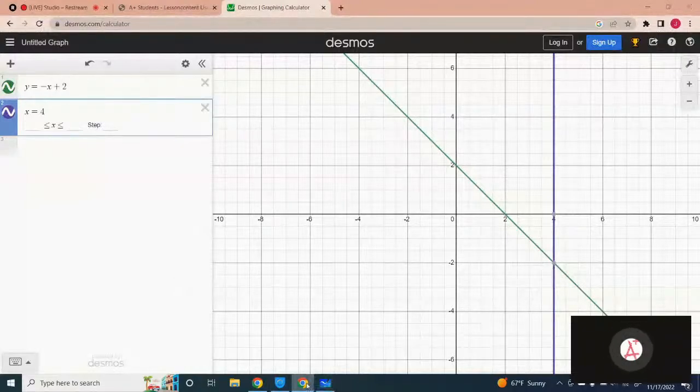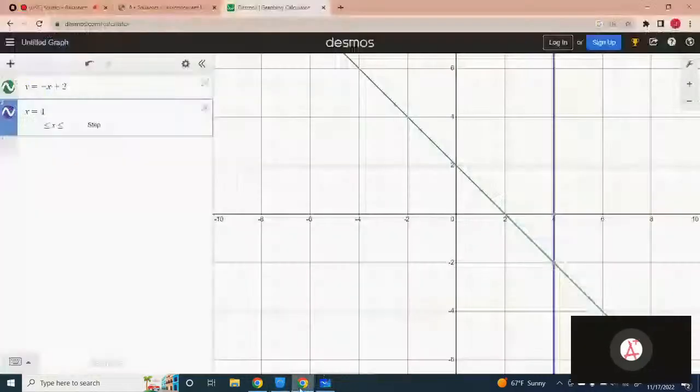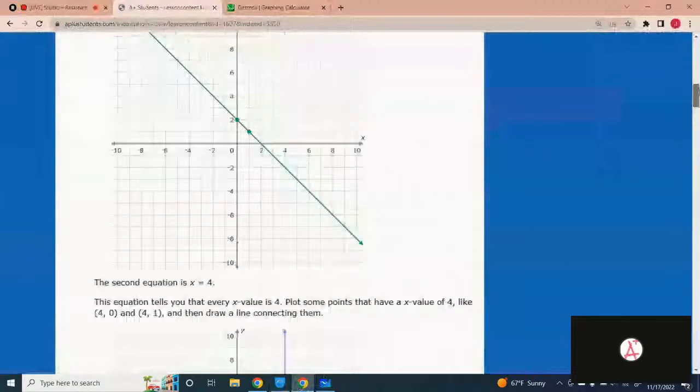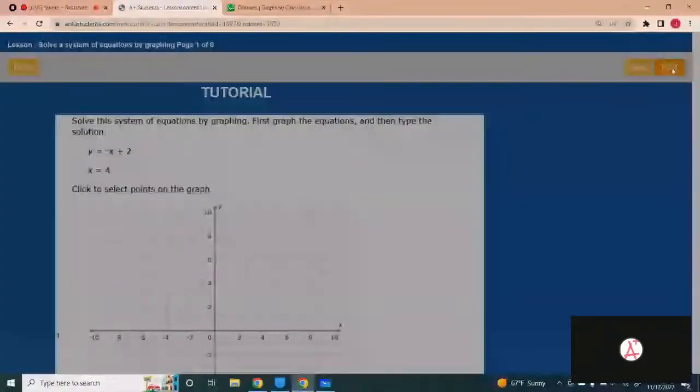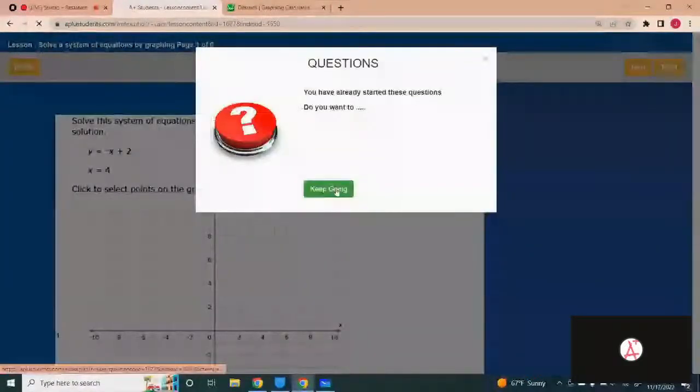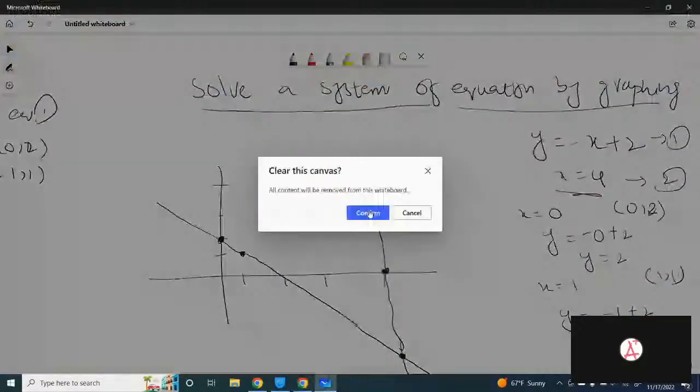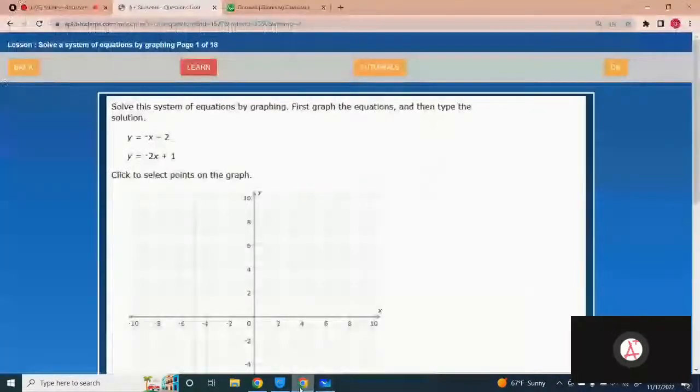Okay, let's just start with the test. Let's just do the practice questions. Okay, y equals negative x minus 2.